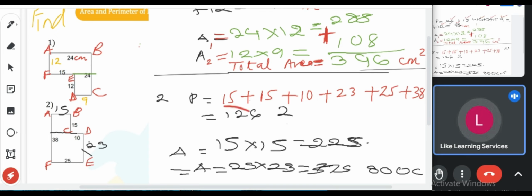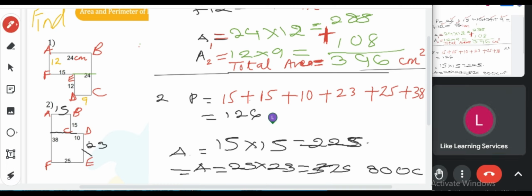What did you get? Is it 126 or 1262? I'll put 126. Okay. Got it correct.